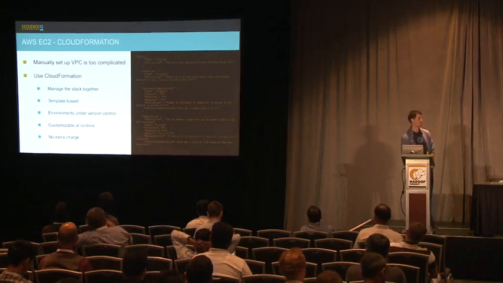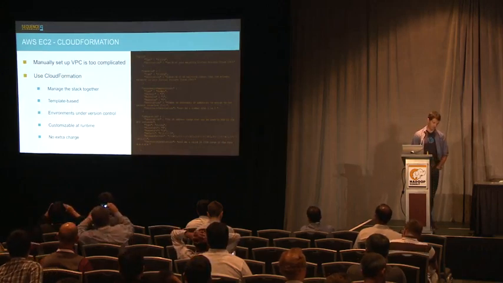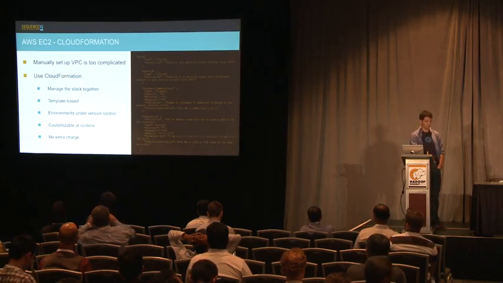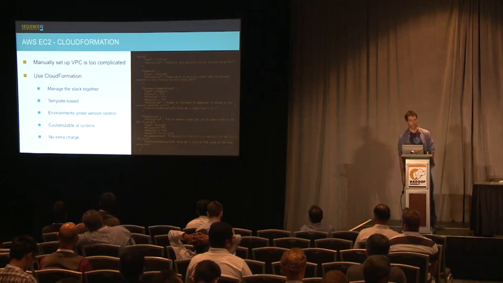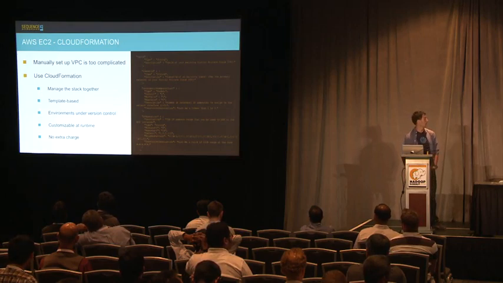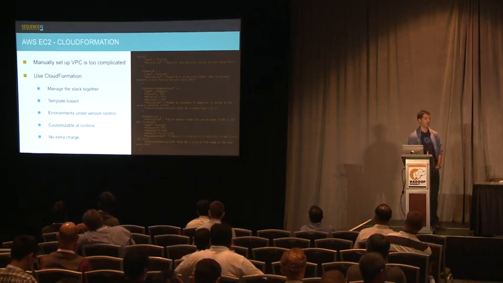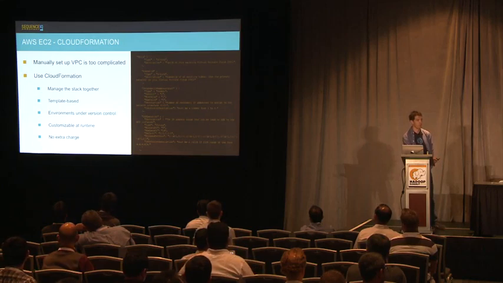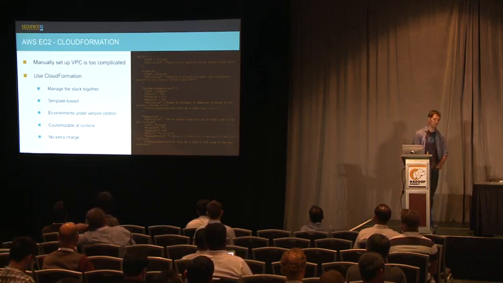A good thing about EC2 is that they've got a thing called CloudFormation, which is basically a template-based stack definition. It's almost like the blueprint for Hadoop. CloudFormation is like a blueprint for your infrastructure. You can manage your whole stack together. You can put this CloudFormation template, or your stack definition, under version control, which means you can always recreate the same stack on EC2.